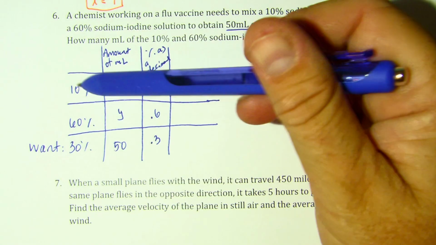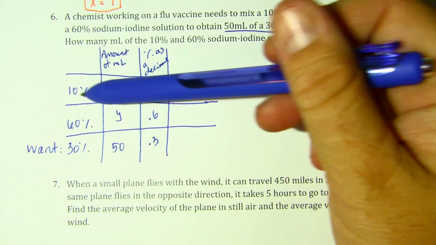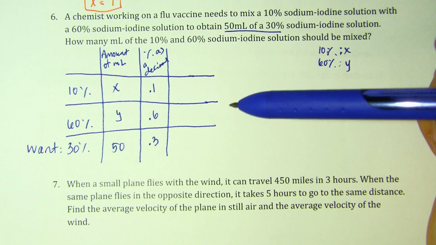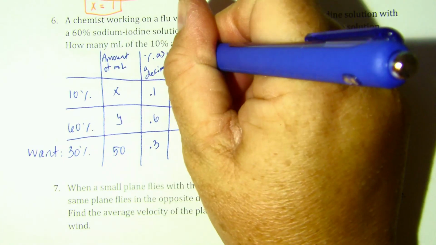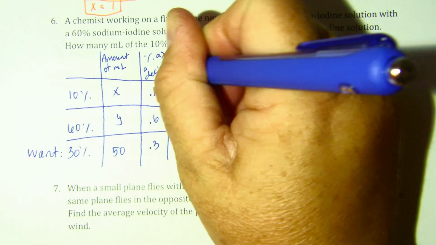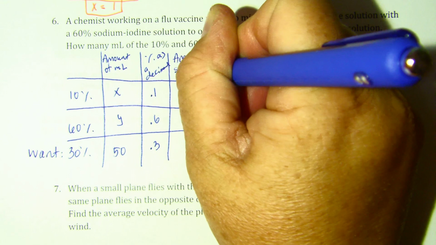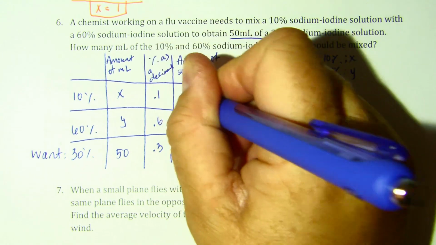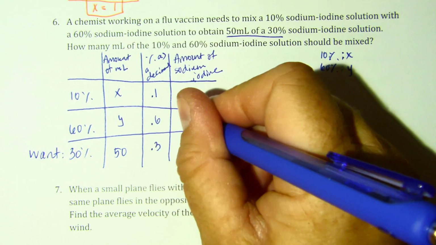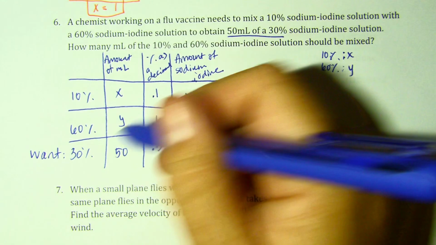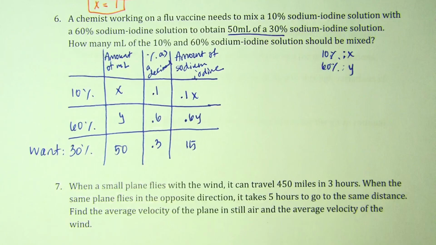So if I wanted to know how much sodium iodine was in this amount of milliliters, I would multiply it by 10%. So the amount of sodium iodine would be 0.1 times X. The amount of sodium iodine from this solution would be 0.6 Y. And then the amount from this one, well, 50 times 0.3 is 15.